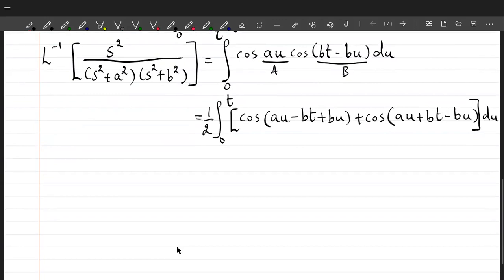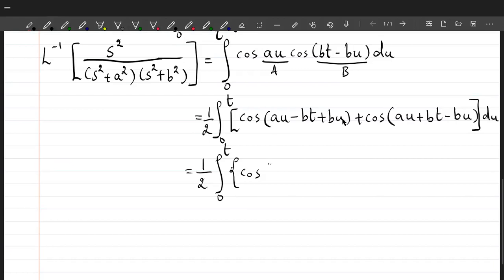So that's equal to half into integration from 0 to t. What do you get here? You get cosine of, let me just use some other brackets here. So I get half into cosine of, here as you can see you have two terms of u, AU plus BU, correct?